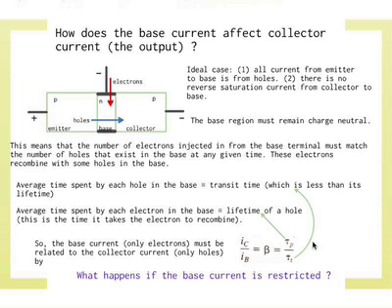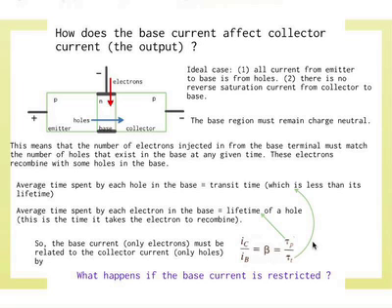So I have an exercise for you now. I want you to discuss with your neighbor, but think about this picture. Think about the base as a black box. The three things happening: holes coming in from this side, holes leaving on this side, electrons coming in from this side.